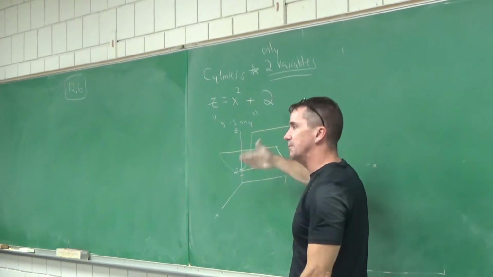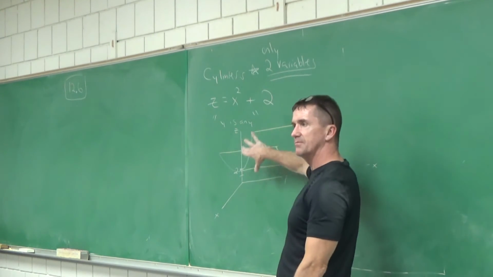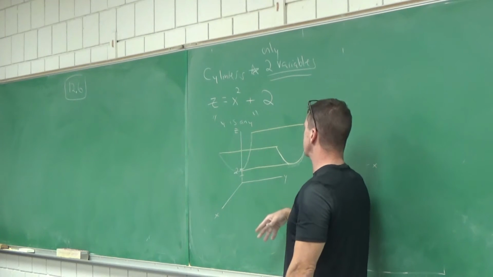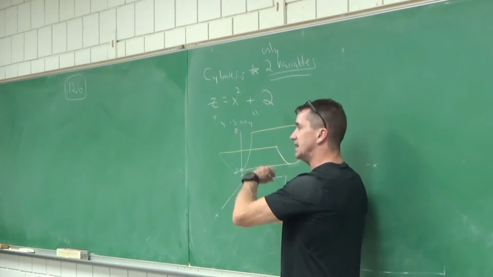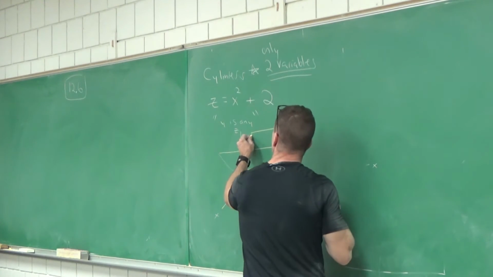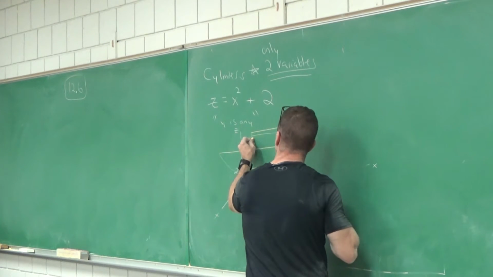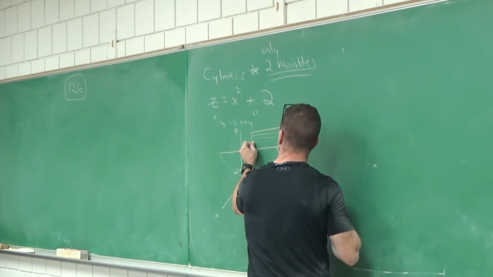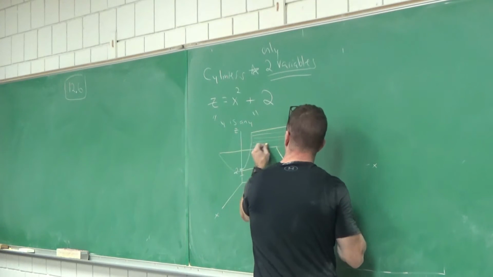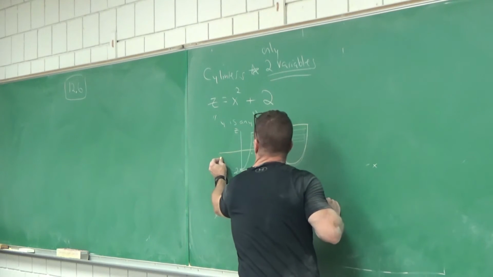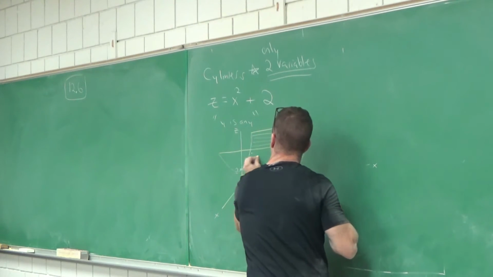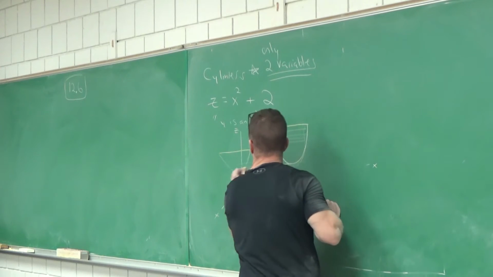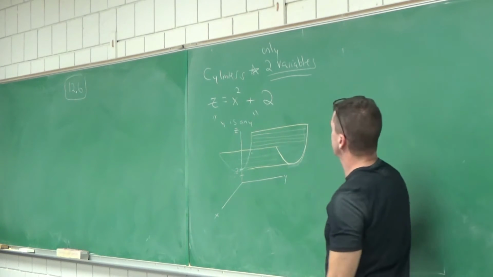This looks like one of those skateboard ramps, like the half-pipe stuff, the Winter Olympics. If you want to shade it in to make it look better, they call these rulings. These rulings are always parallel to that letter that was missing. And there's the rulings. It's like a half-pipe. Cool.